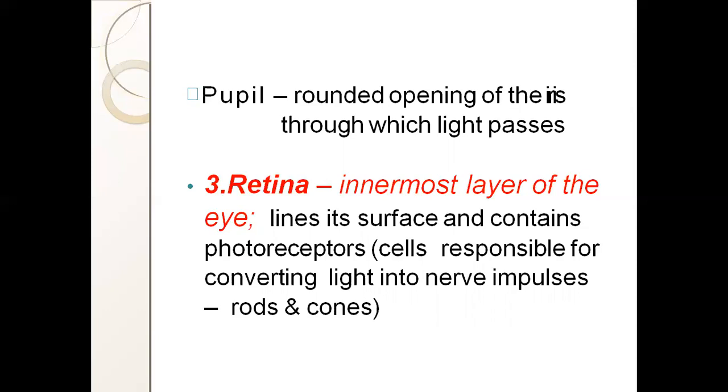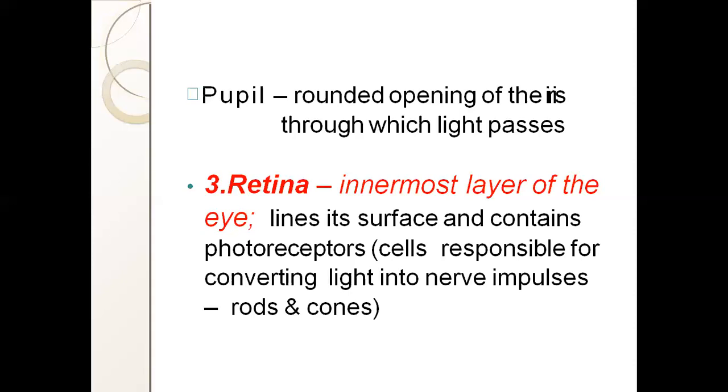Then next is the retina. Retina, it is the innermost layer of the eye. It lines its surface and contains photoreceptors, that is, cells responsible for converting light into nerve impulses: rods and cones.